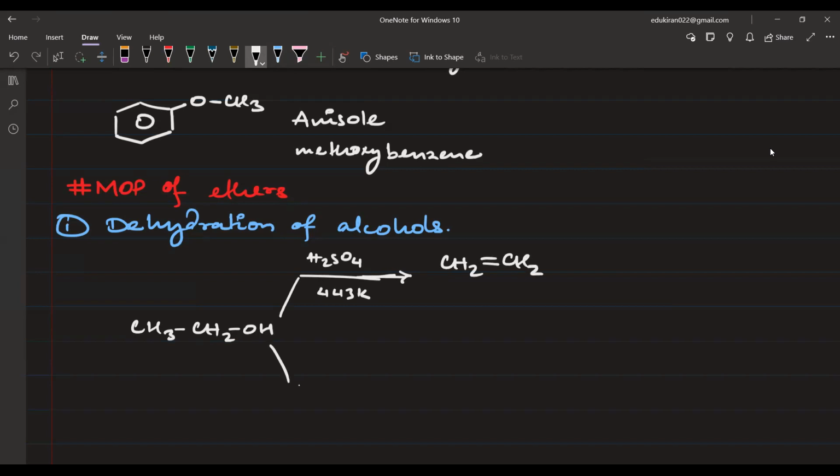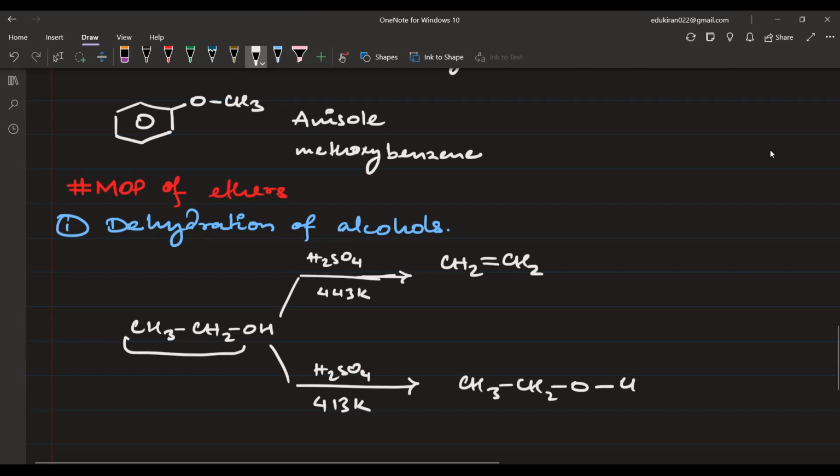But if I do the same reaction with the same reagent, but at a colder temperature, the same H2SO4 but at 413 Kelvin, in this case we are going to get CH3CH2OCH2CH3. So it is majorly used to make symmetrical ethers.